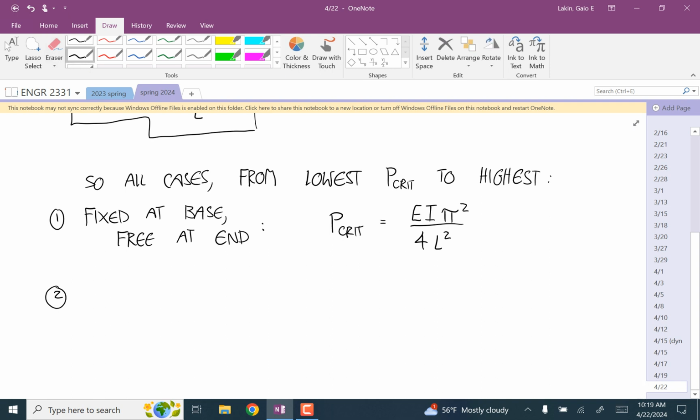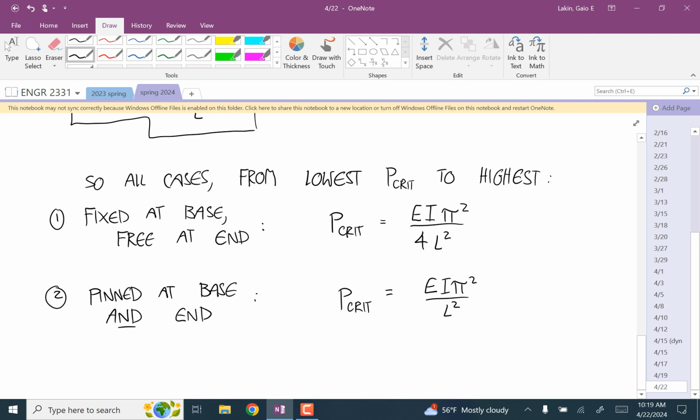The next one that we see is pinned at the base and the end. And that's a critical P value of EI pi squared over L squared.